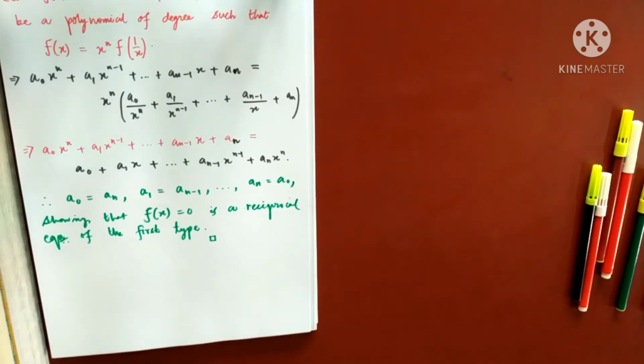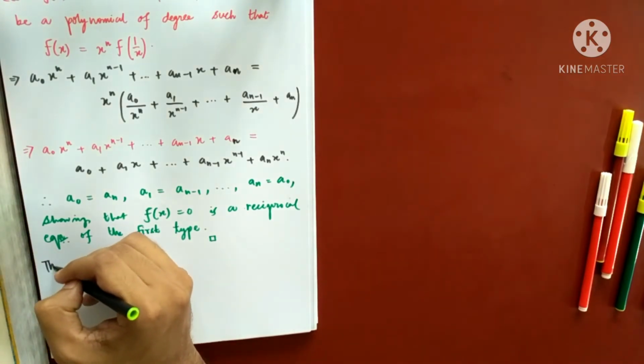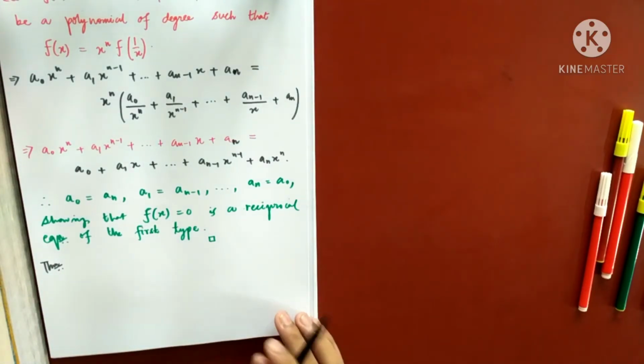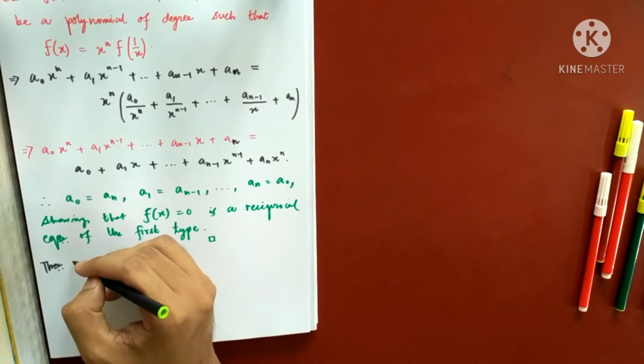So we have a similar necessary and sufficient condition to be a reciprocal equation of second kind. A very similar condition. This is the condition.